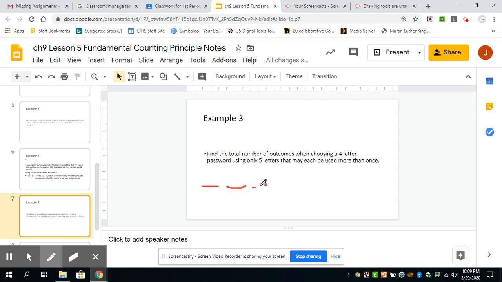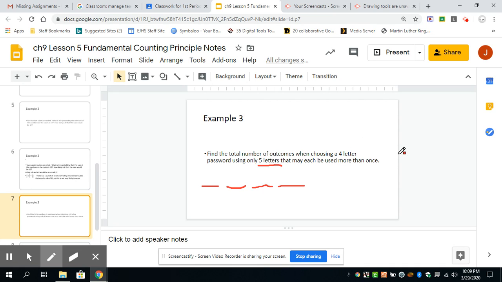It says it's a 4-letter password, meaning that we don't use numbers, but all these spaces are occupied with a combination of letters. And it says that there are only 5 letters that can be in this password. Some questions you might see in the future will deal with the entire alphabet, all 26 letters. This one only has 5.